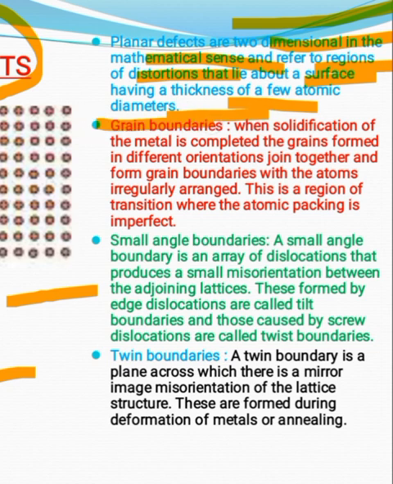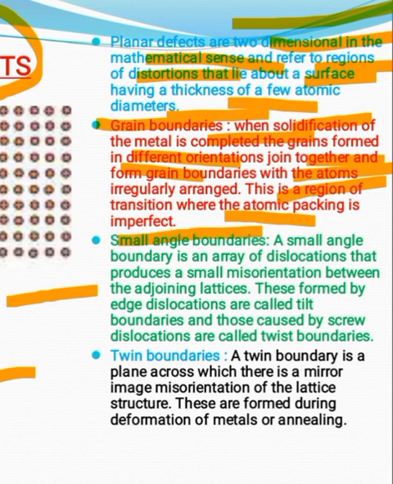Grain boundaries. When solidification of the metal is completed, the grains formed in different orientations join together and form grain boundaries with the atoms irregularly arranged. This is a region of transition where the atomic packing is imperfect.